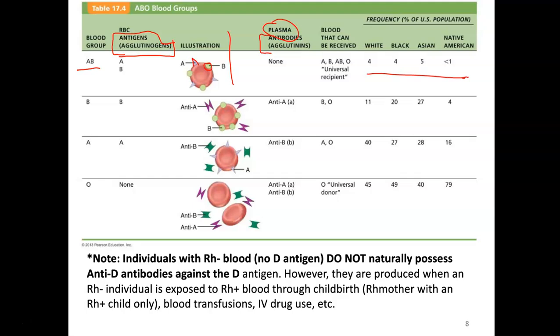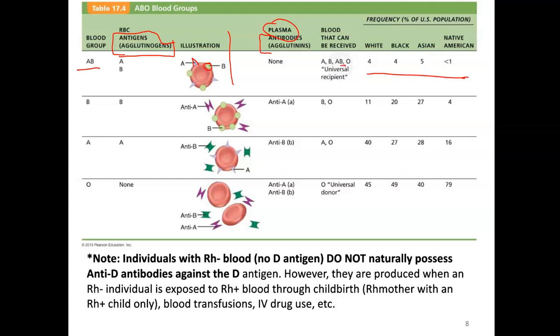AB is the least prevalent of the blood types. My husband is type AB. It's not very common. AB can receive from AB, and AB can only donate to AB.